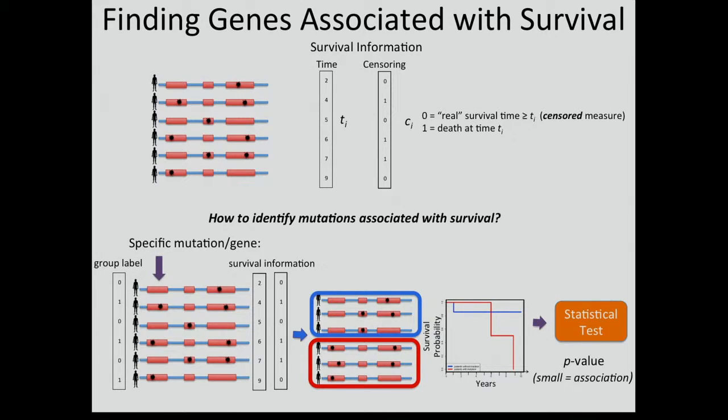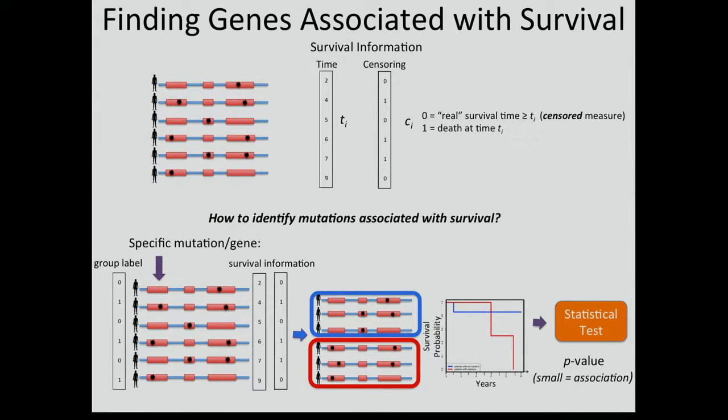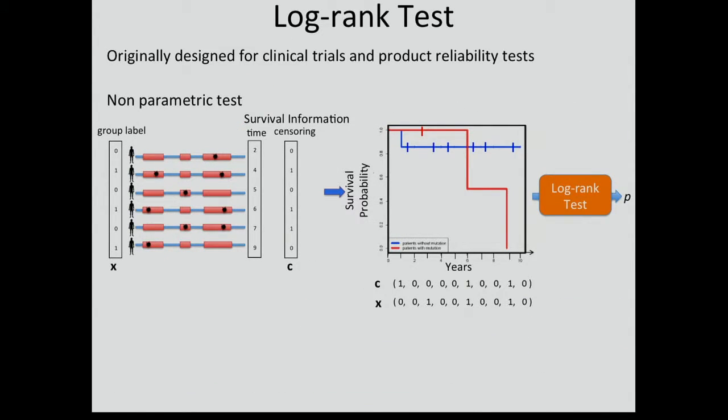OK, so what is the statistical test that we are considering? One of the most used statistical tests is the log-rank test. That is a non-parametric test in the sense that it doesn't consider the actual observed times of survival. What we do is just consider the patients sorted by increasing survival time.